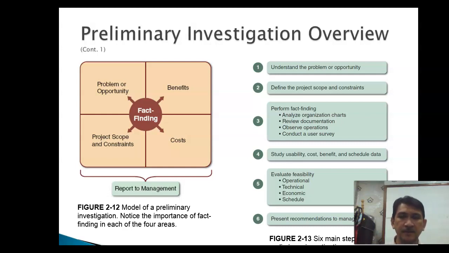Economic, you want to see from cost benefit. If we spend 2,000 ringgit and we get back more than 2,000 ringgit in terms of savings, satisfaction, and efficiency, then we will certainly proceed with the project.